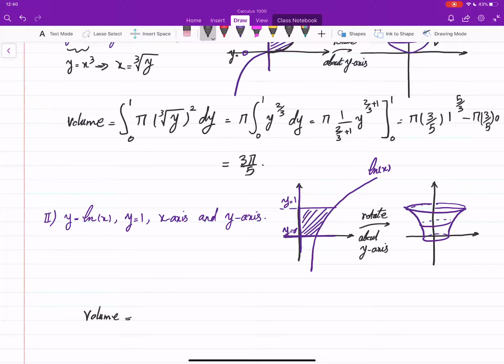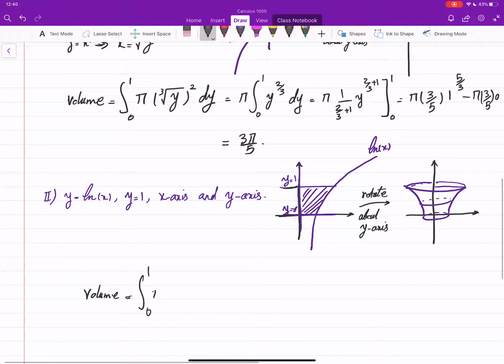is going to be, with limits of the integral from 0 to 1, pi times the function here. The function here is y equal to ln x, but we have to write x as a function of y.